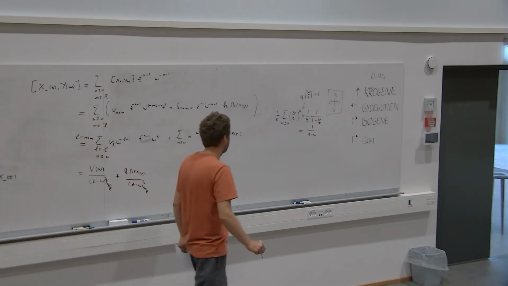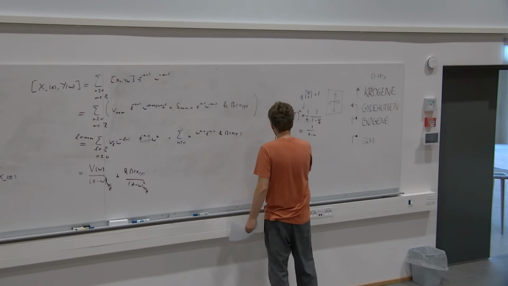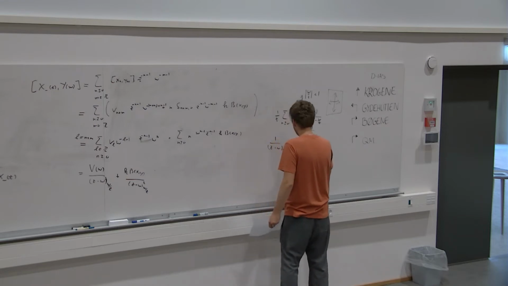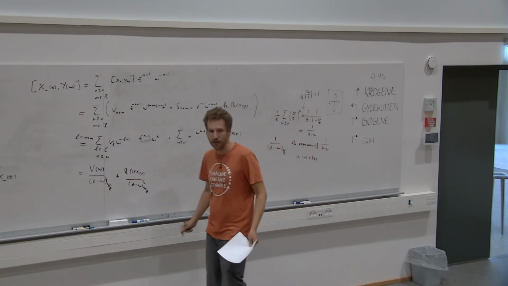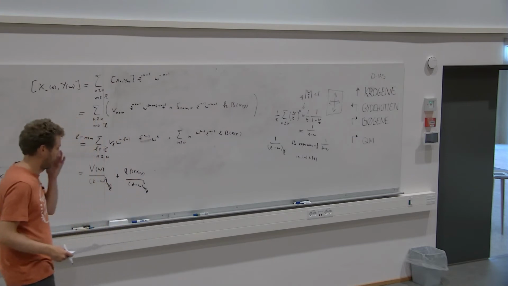So let's just, to be complete, introduce this notation: W over Z is the expansion of this in the corresponding region.